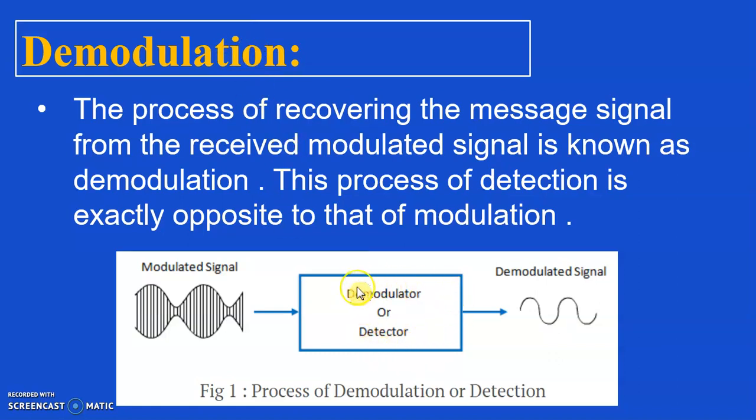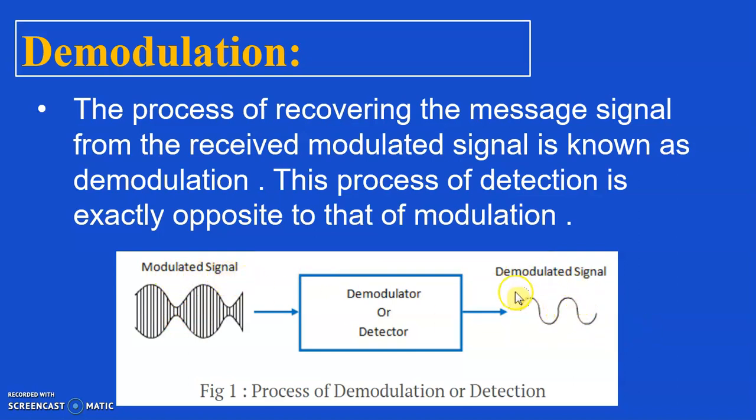As shown in this block diagram, the process of demodulation or detection. Here we have the modulated signal that has been transmitted from the transmitter through the channel and delivered to the demodulator or the detector device, where the demodulator or the detector will extract the message signal or the demodulated signal from the modulated signal.